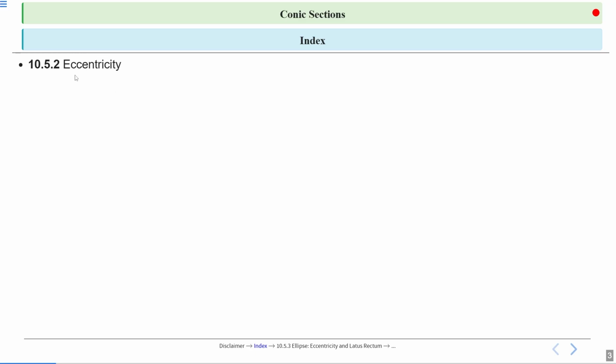How can we find the eccentricity of an ellipse? That we will discuss first, and then we will discuss the latus rectum of an ellipse, and examples 9 to 30. Students, first of all, make sure you have your notebooks and pens ready. So let's get started.